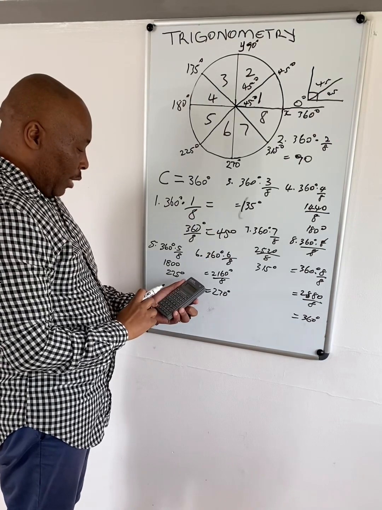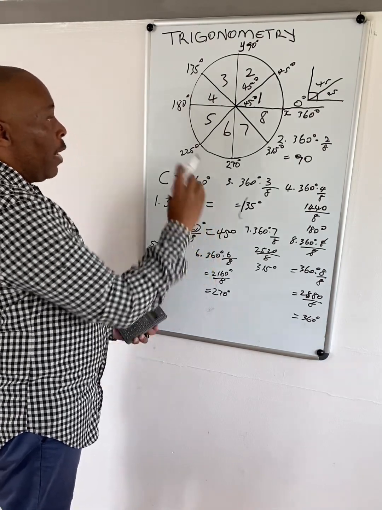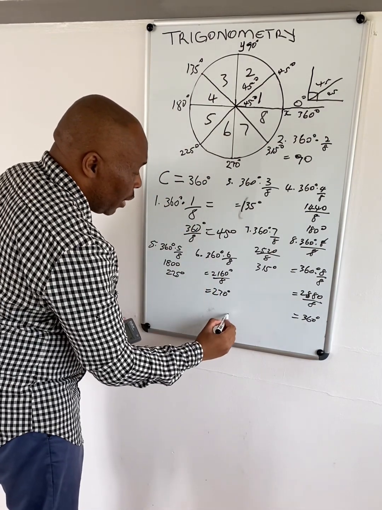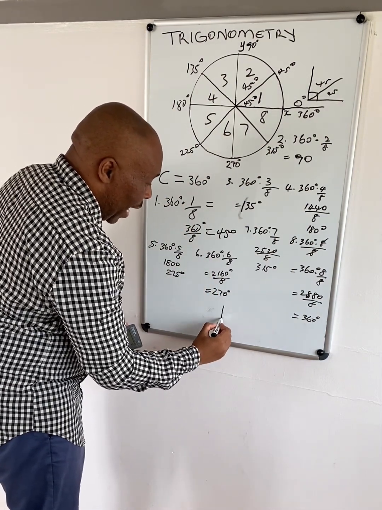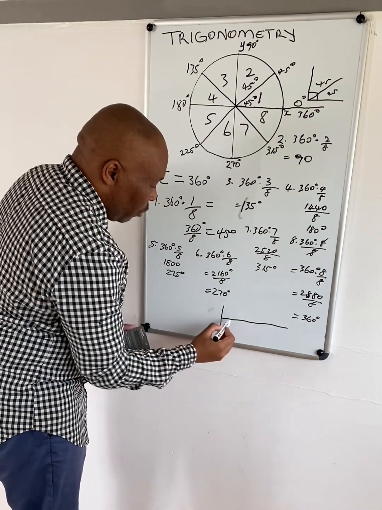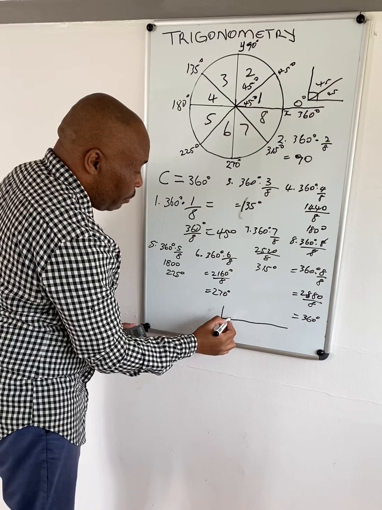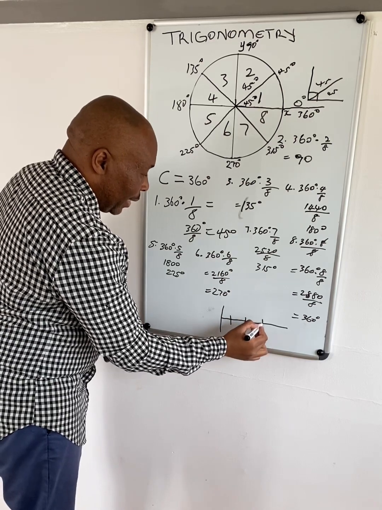So that's what I wanted to show you for now. Remember, this is very important, because when we're doing graphs, we'll be using these very 45s and these numbers here. We represent them in a number line like this.